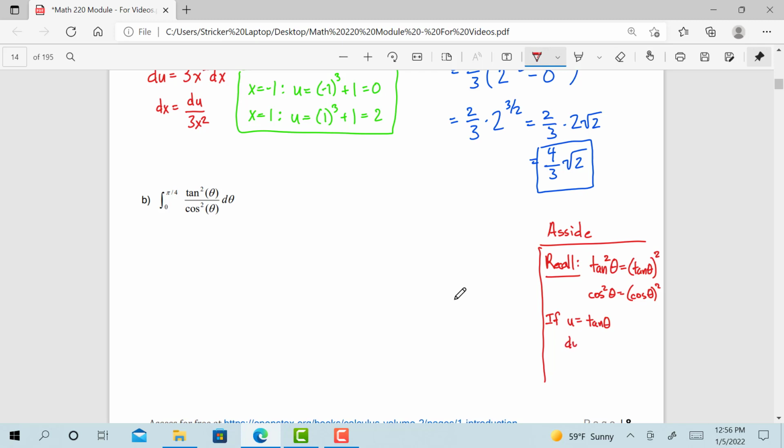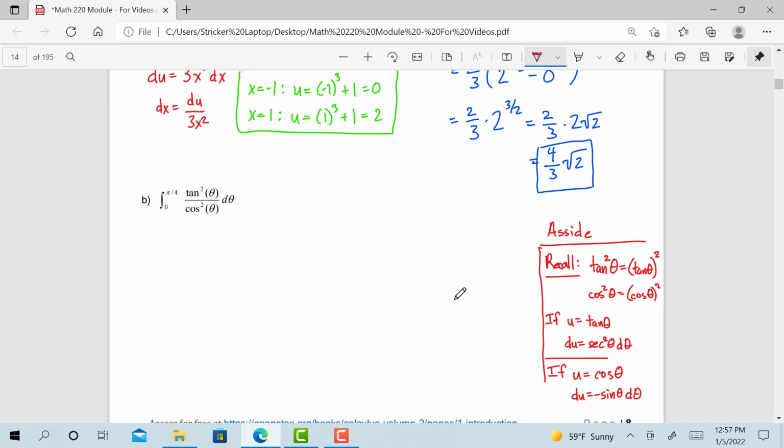And du is equal to secant squared theta d theta. Or if we choose the second one, if we let u equal cosine theta, then du equals negative sine theta d theta.